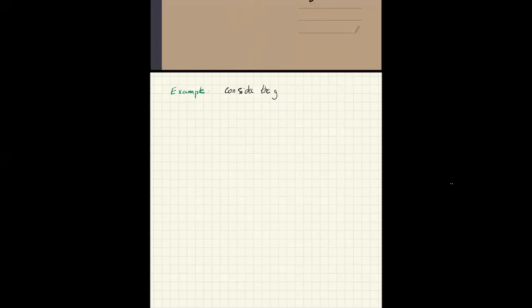Okay. So consider the gravitational field F, which was given in a previous example.